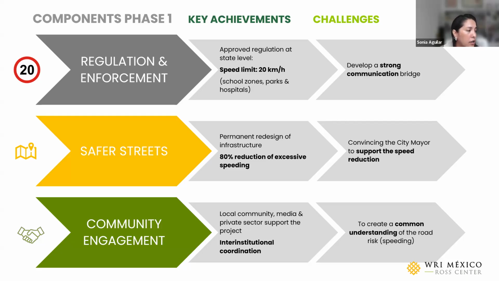And finally, the community engagement. In this component, we aimed to engage the local community, for sure the school community, parents, children's caregivers, but also media and the private sector. They play an important role in this solution. The challenge we faced in this component was to create a common understanding of the overspeeding problem around school environments, since through different polls and surveys we identified that people didn't have this problem in their minds.